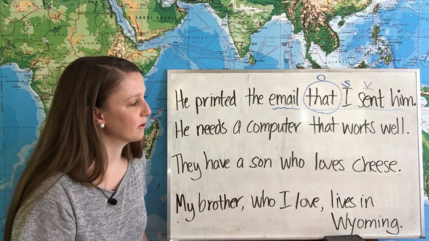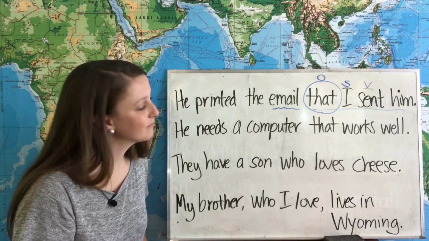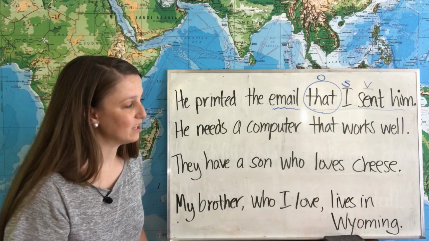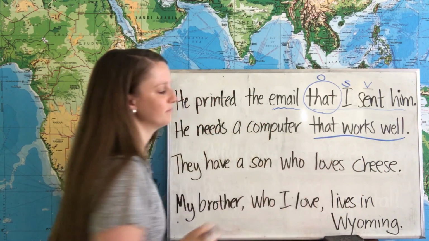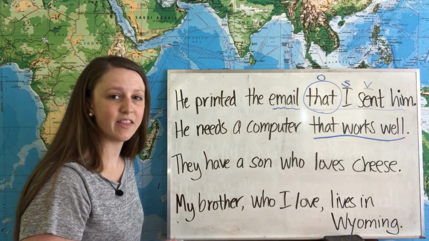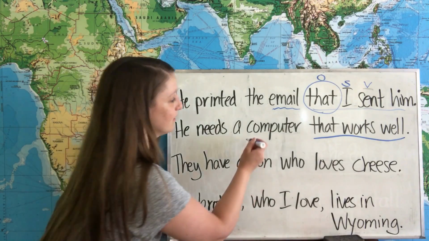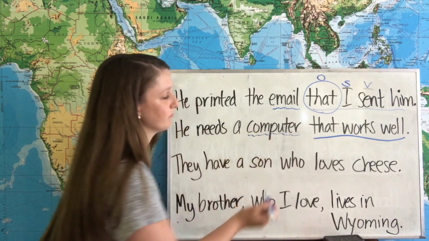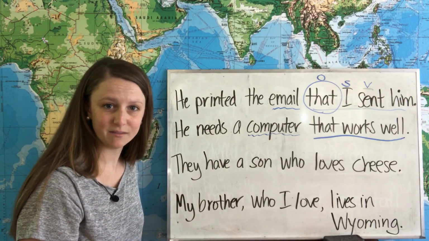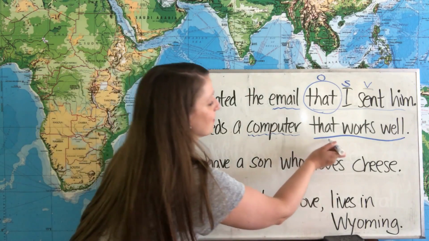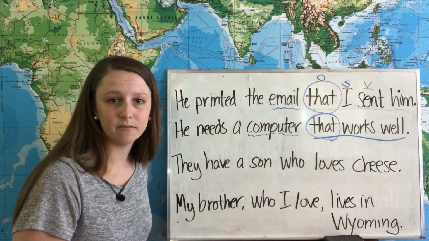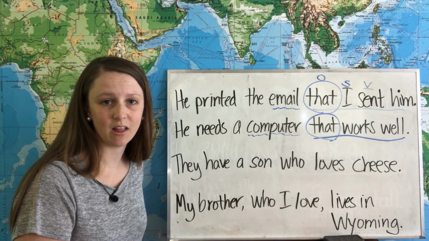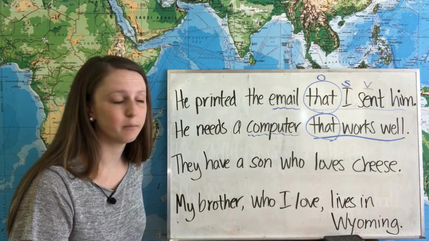He needs a computer that works well. Our adjective clause here is that works well. The noun that it's describing is computer. And our relative pronoun, again, is that. So we'll do the same thing we did before. We're going to look at our adjective clause and try to find the verb.